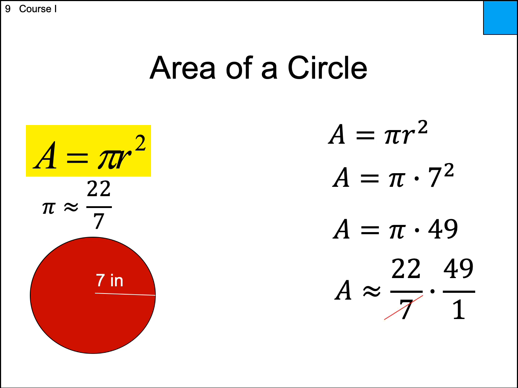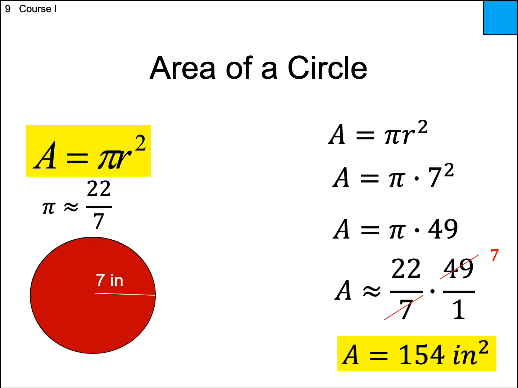You do some cross cancellation. 7 goes into 7 once. 7 goes into 49 7 times. And 22 times 7 is 154 square inches. And once again, I made a mistake. There should be an approximation symbol there, not an equal sign.